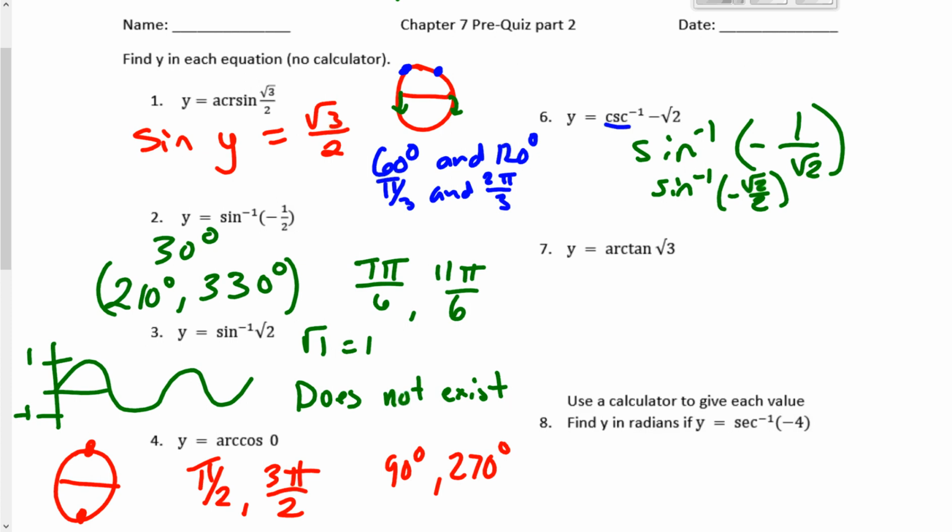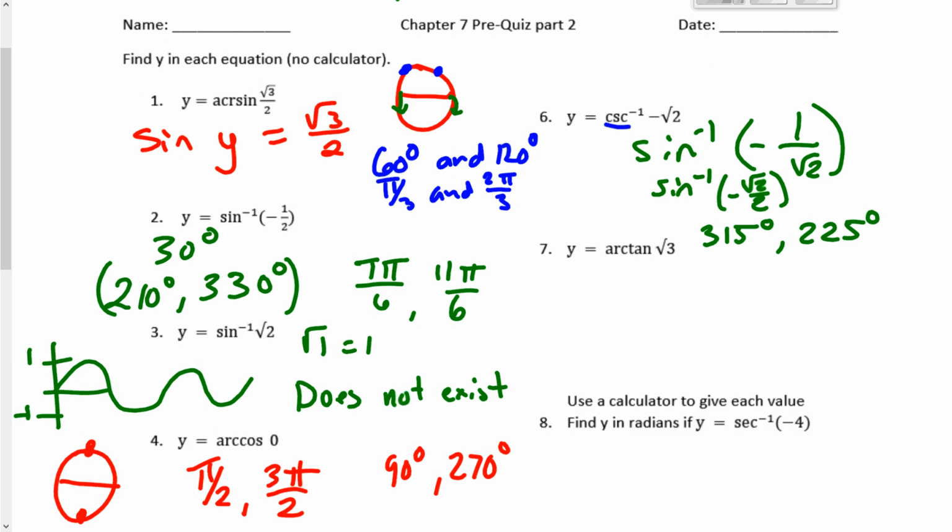Well, root 2 over 2 would be a 45 degree angle, and we want negative, and negative's down below for sine. So our y value would be 315 and 225, or 7 pi fourths and 5 pi fourths, sorry.